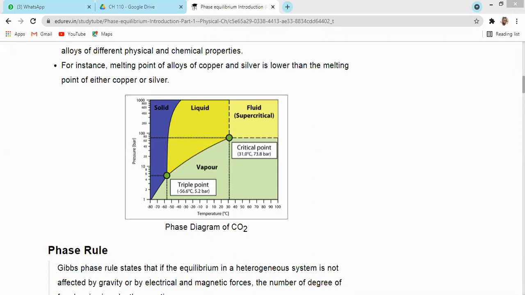So at this particular point, you have both the liquid and gaseous state of your molecule. But beyond this state, your molecule just becomes a fluid. You can't define it as a gas, neither can you define it as a liquid. It has its own properties. That's why it has its own name, supercritical fluid.